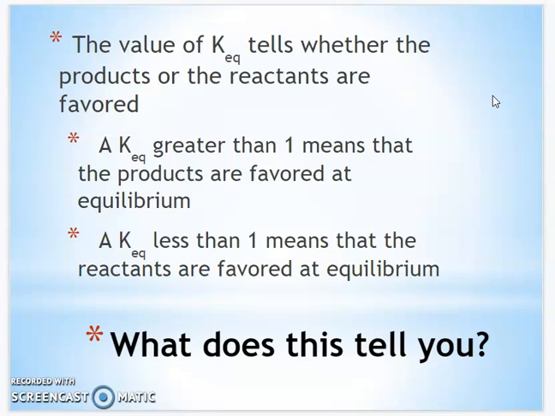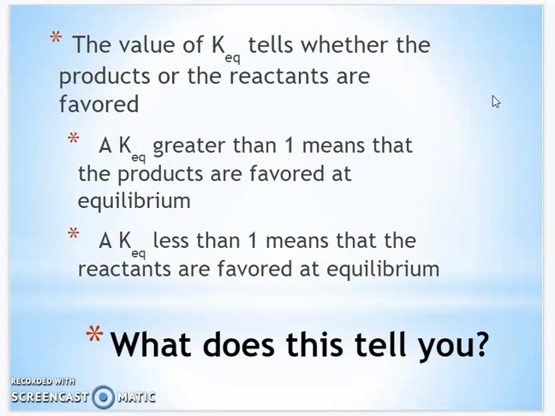If you have a KEQ that is less than 1, it means that the reactant side is favored, or the backwards reaction is easier, and therefore at equilibrium you're going to end up with more reactants than you have products.